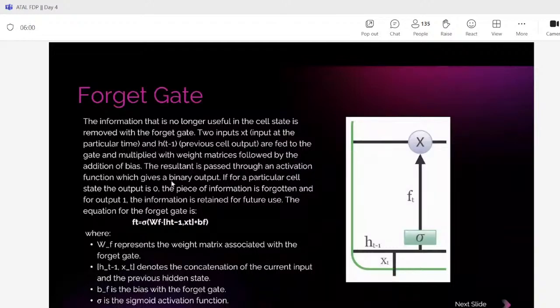The resultant is passed through an activation function which gives a binary output. If for a particular cell state the output is 0, the piece of information is forgotten, and if the output is 1, the information is retained for future use.